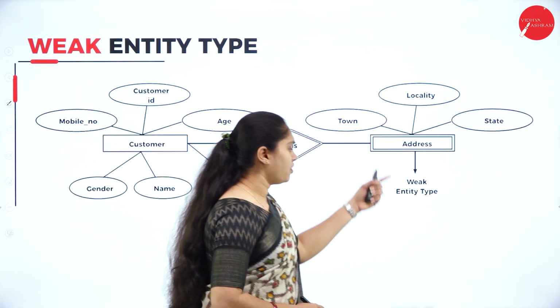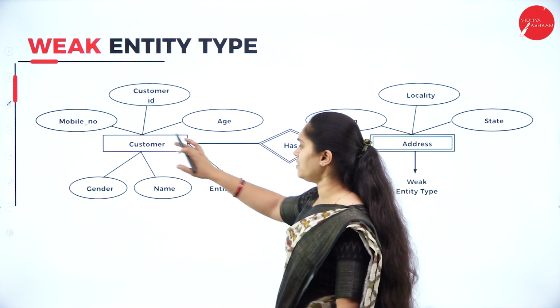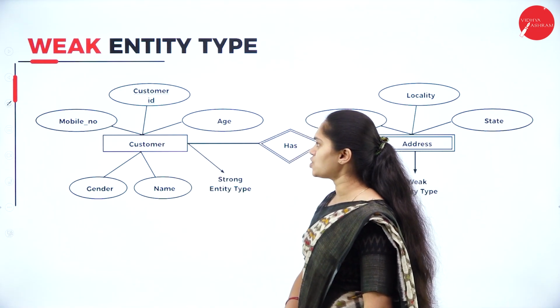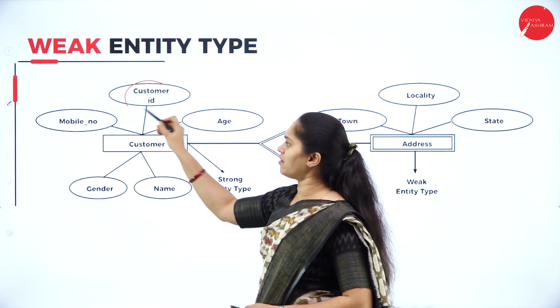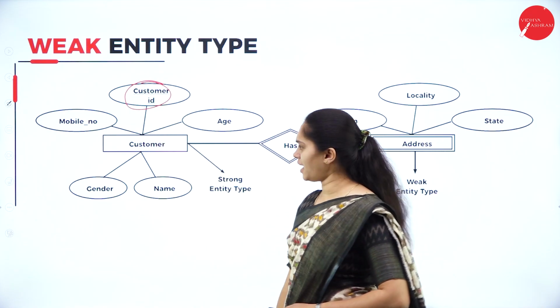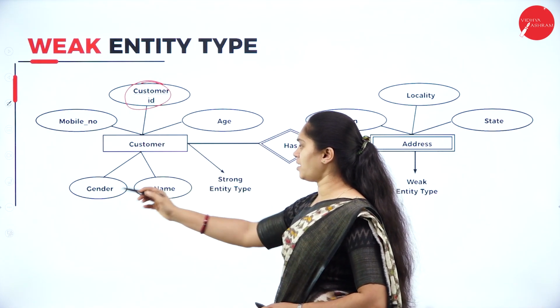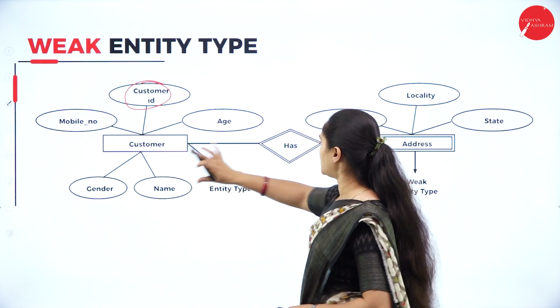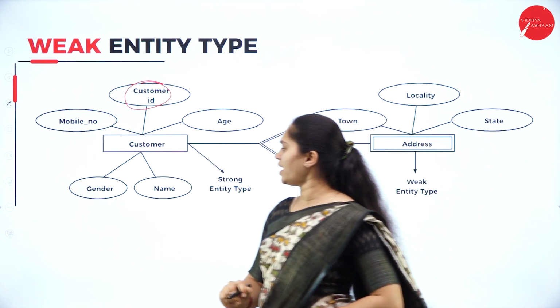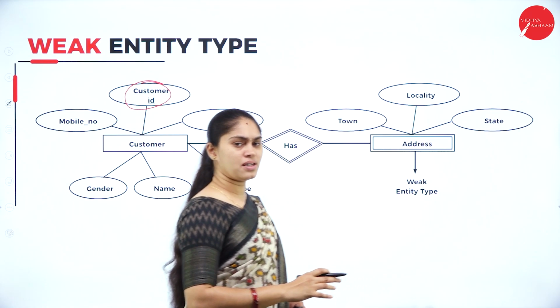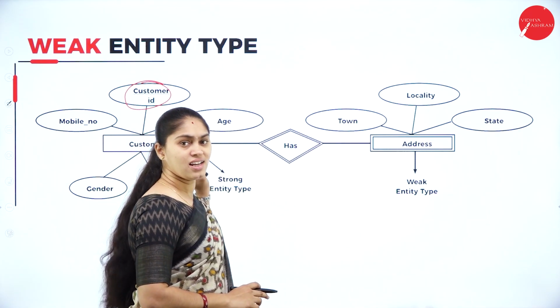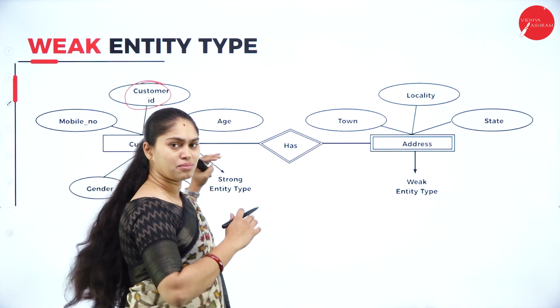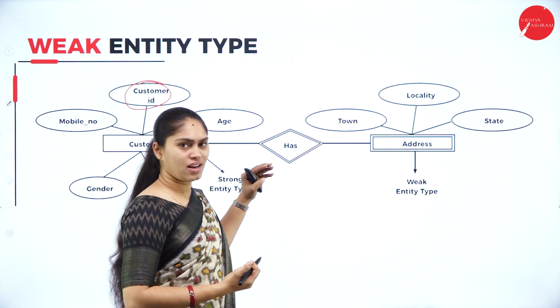Here we have a weak entity type, address, and a customer as a strong entity type. Here we have customer ID, which is the key attribute, mobile number, age, name and gender. This customer has an address. How do I get to know the address of that person? That is going to depend on an entity called customer. Why? Because each customer is going to have an address.